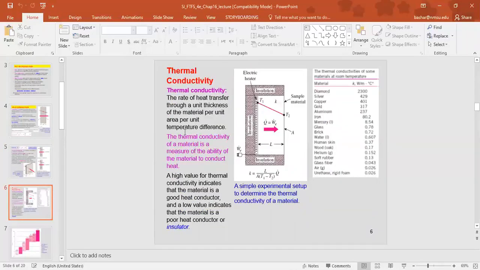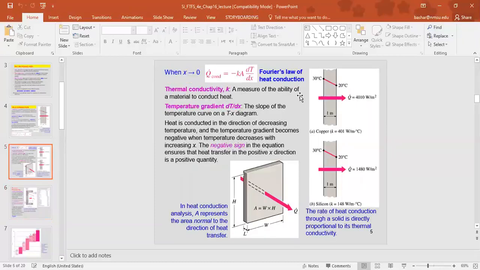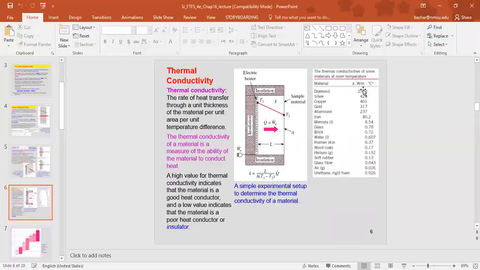Here we check the thermal conductivity of some materials at room temperature. As you can see, diamond has a very high thermal conductivity. Silver is 429. And the units for the thermal conductivity: if we check this equation, we will find that the units are watts per meter Celsius or Kelvin, since we are talking here about a temperature difference.